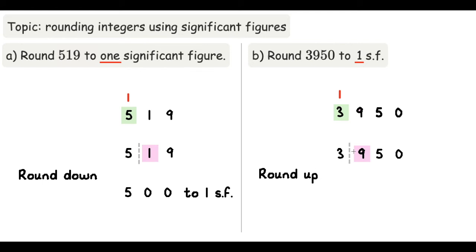And what that means is the number before the line goes up by 1. And then we replace everything after the line with zeros. And again, we can think about this another way. This number here is between 3,000 and 4,000. And which one is it closest to? Well, that's 4,000, right? And so 3,950 is 4,000 to one significant figure.